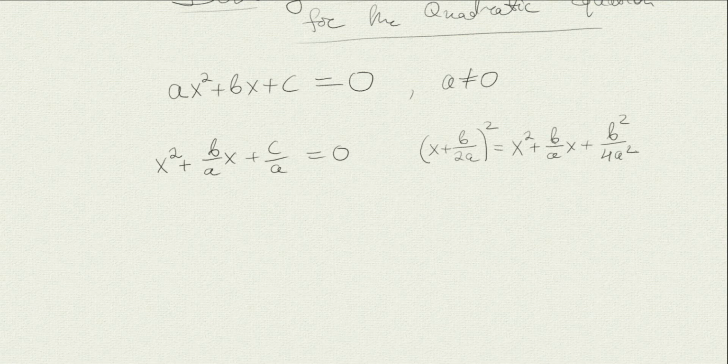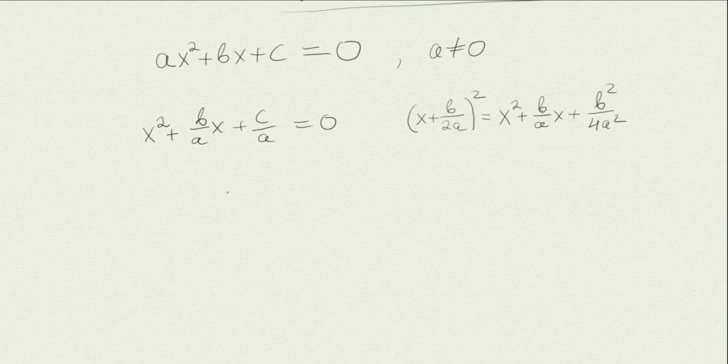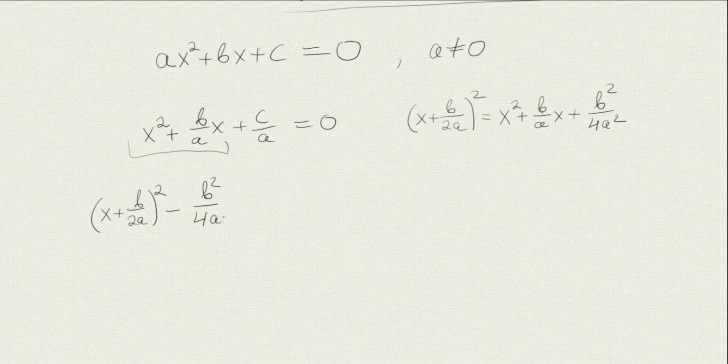Now, the way that we can write this is the following. We can replace this part over here by (x + b/2a)² minus b²/4a² plus c/a, and this all is equal to 0.